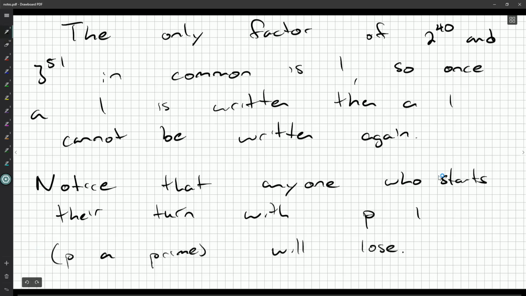I don't think this needs to be justified, but if you wanted to, you could say, well, what possible options do they have? They could erase the P and write a 1. Oops, they can't do that. They could erase the P and write a P. Oops, can't do that. Erase the 1 and write a 1. Oops, can't do that. If you want to write that out, that's fine. I don't think it's necessary.